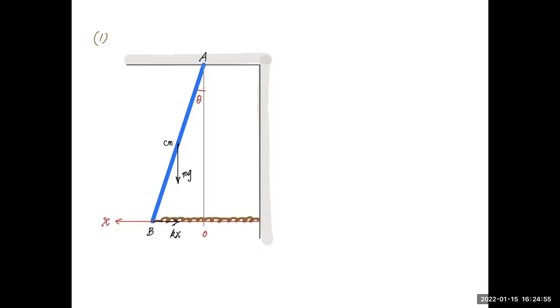The spring will give you a force pulling the rod back towards the right, and that force is Kx. X is the amount of stretch of the spring, the distance between the origin point here and point B. So there's a restoring force, Kx, exerted by the spring on the rod.